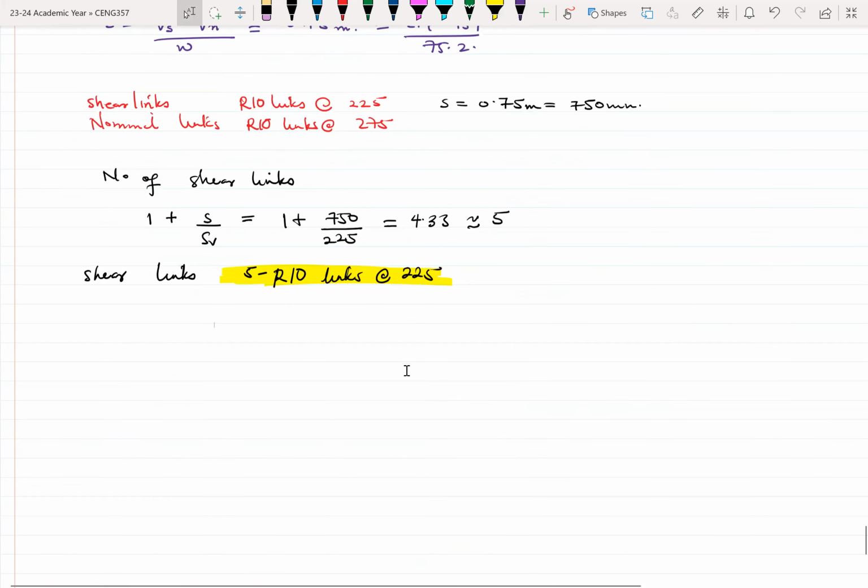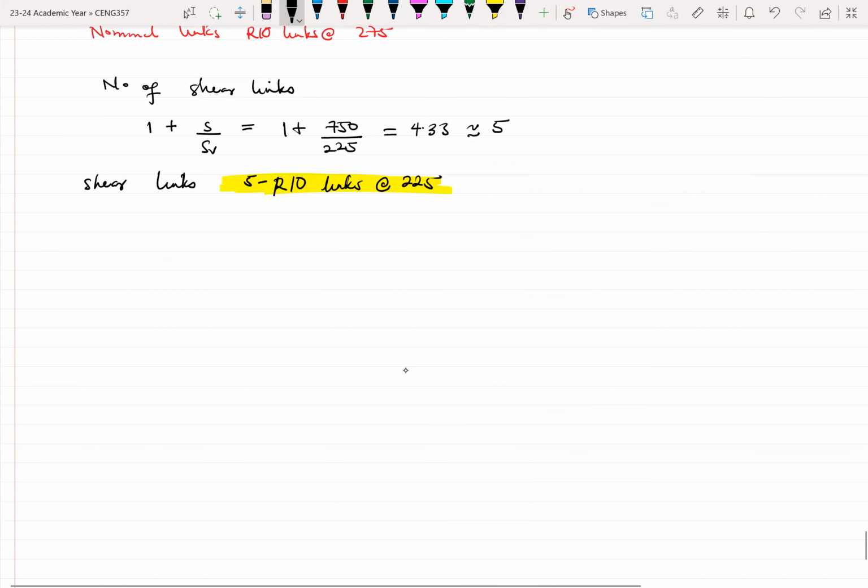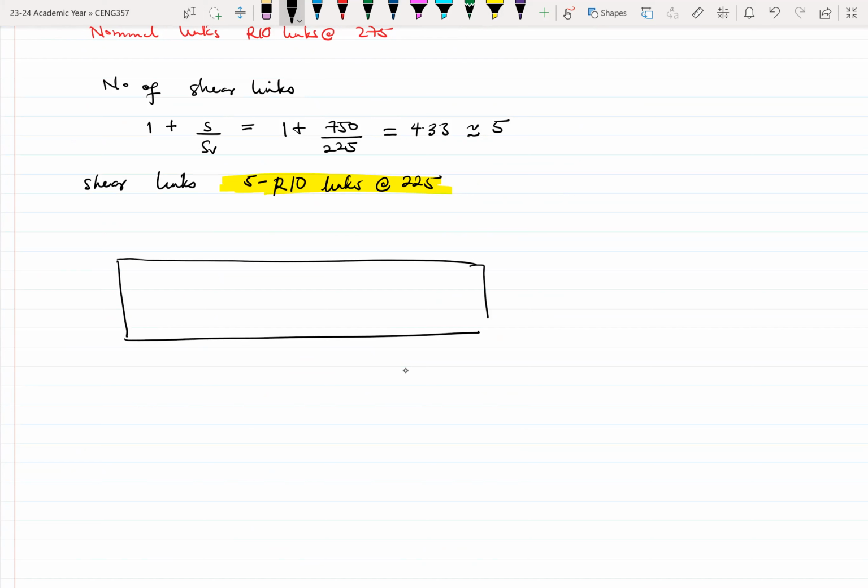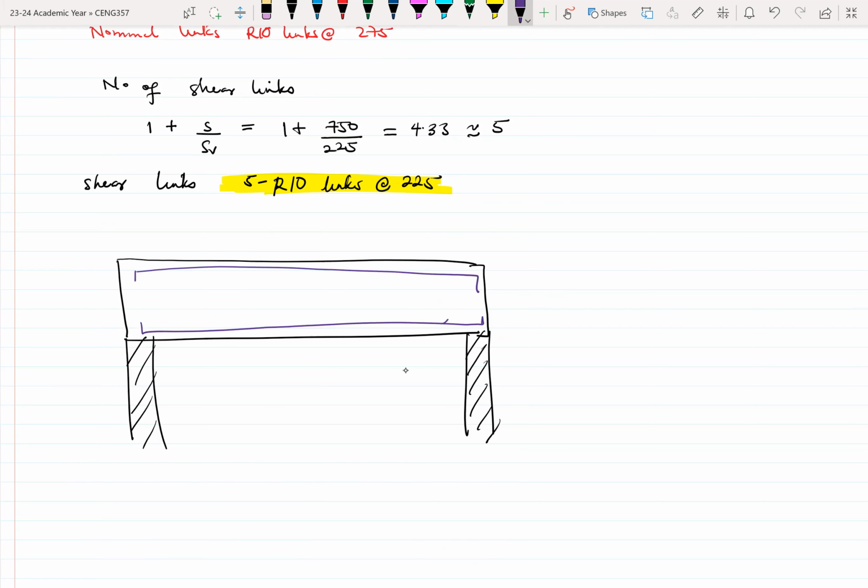So if I'm to draw how the links will be positioned, this is my beam nicely with my column supports beneath it. I have my beam, my main rebar. Let's say we have some rebars here. The shear link starts at the face of the support right here, and it extends up to some distance of 750 millimeters.